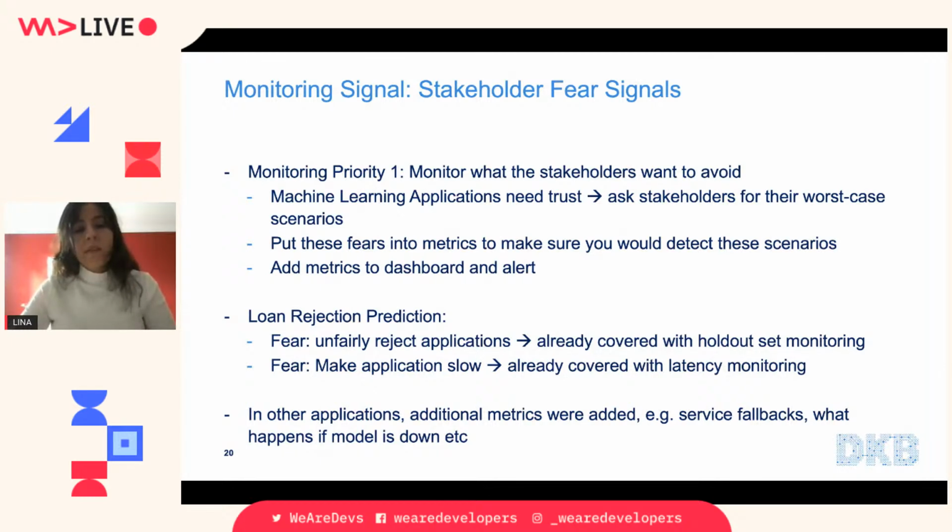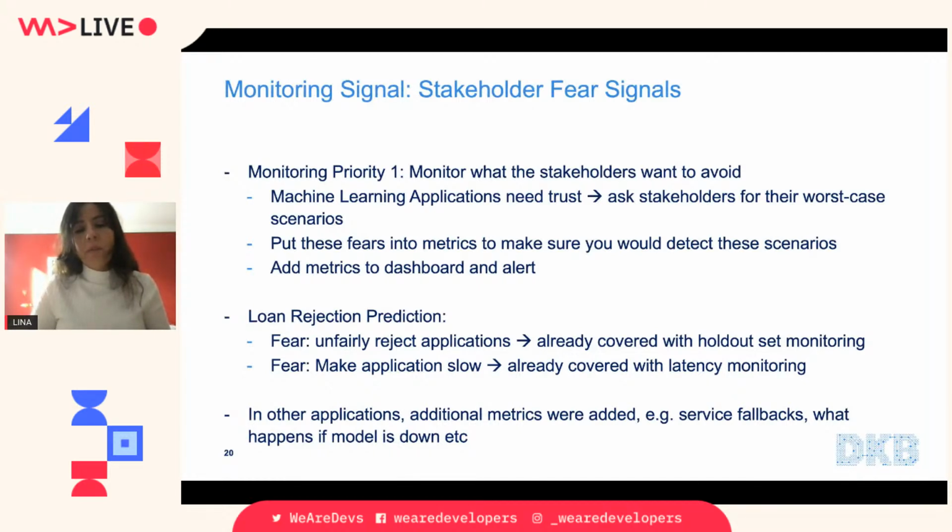So in this case, their concerns were already covered with what we planned, but in some other applications, stakeholders had additional concerns. For example, if the service is not available and fails permanently on a certain input, what will happen? Will there be a manual intervention? How will this specific request be treated then? So by talking to them about their concerns in a broader business sense, not just the pure model performance, you will get a lot of insight what is mattering to them and how to not mess up.